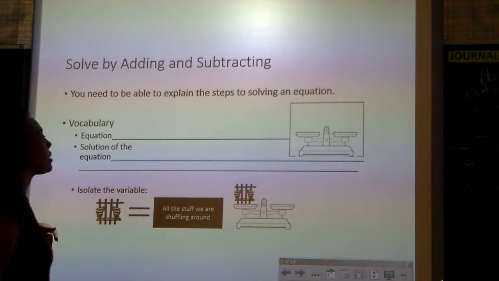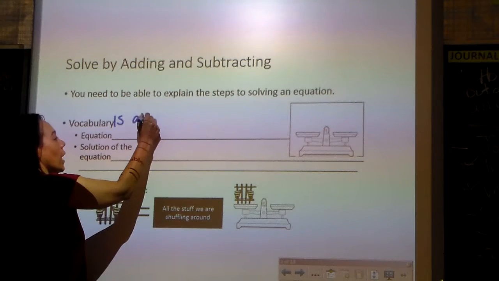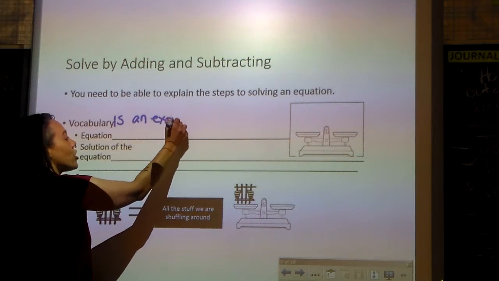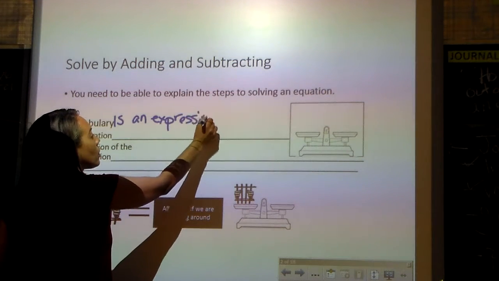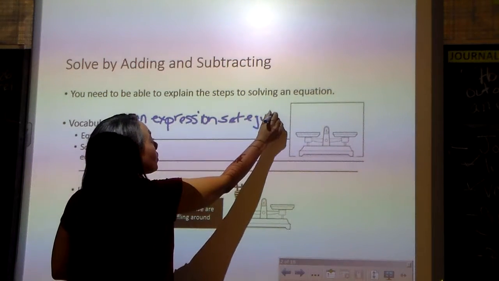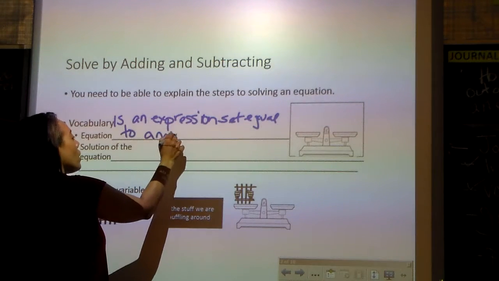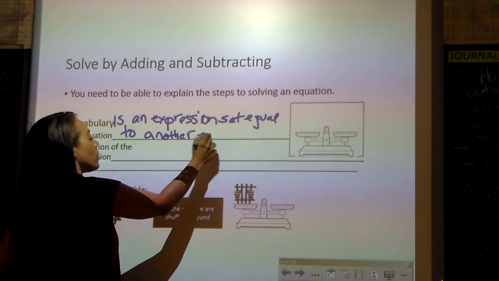So go ahead and write this in. An equation is an expression set equal to another expression.